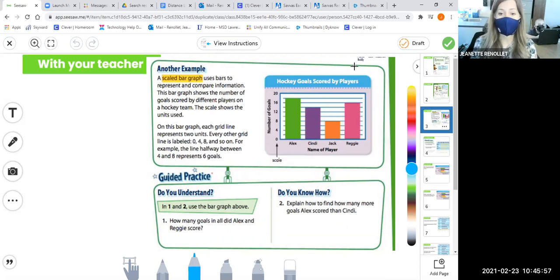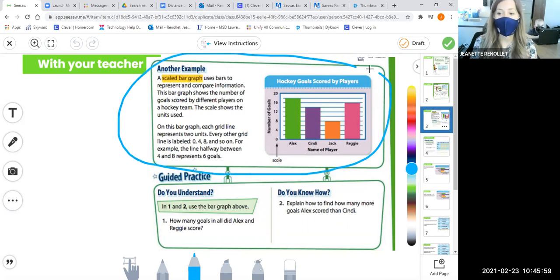A bar graph is another example of a way to represent data. It's different than a picture graph because we draw lines or bars to show the data. We do not draw symbols or pictures, but we draw bars. That's where the name bar comes from.